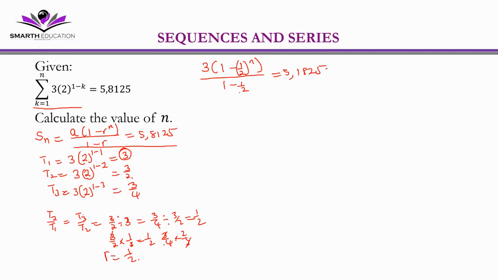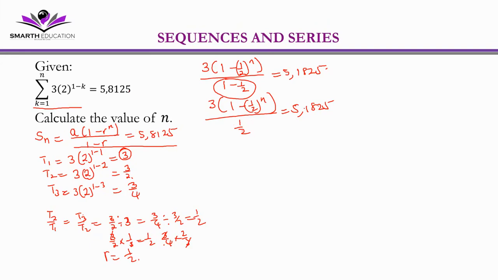Right, so there are many ways we can do this. Let's simplify the denominator first. So it's 3 times 1 minus 1 over 2 to the power n over 1 over 2 is equal to 5,1825. And then we can say 3 divided by 1 over 2, or we multiply this side by 1 over 2.